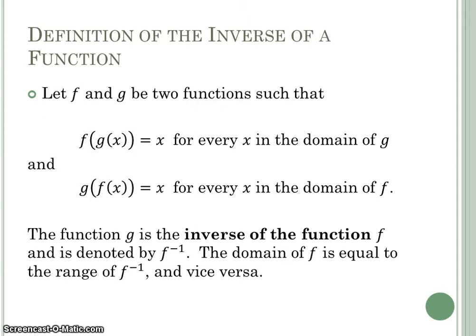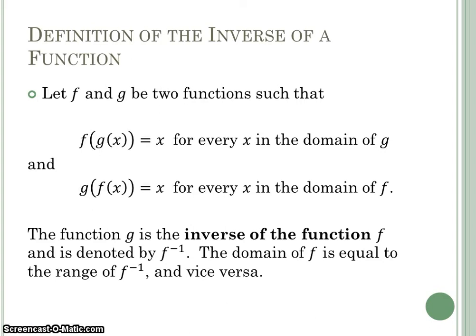We have a little caveat there: for every x in the domain. So it doesn't have to equal x if it makes it undefined at some point. But if you can take g and substitute it into f, simplify it down to being x, and you can take f and substitute it into g, simplify that down to being x, then those two functions are inverses of each other.